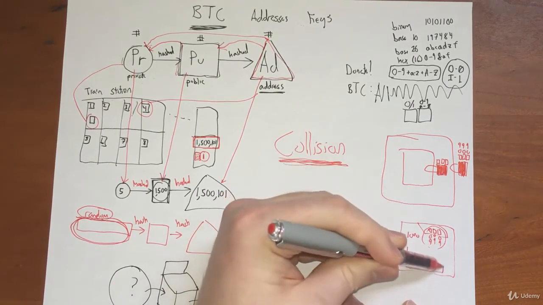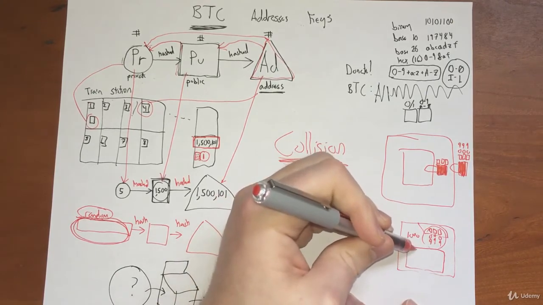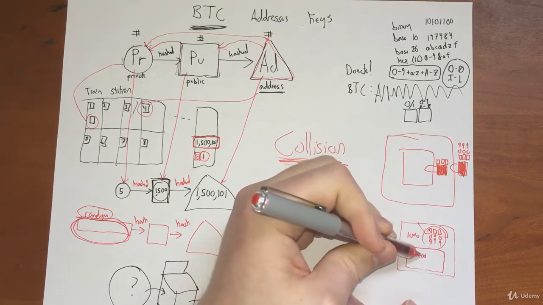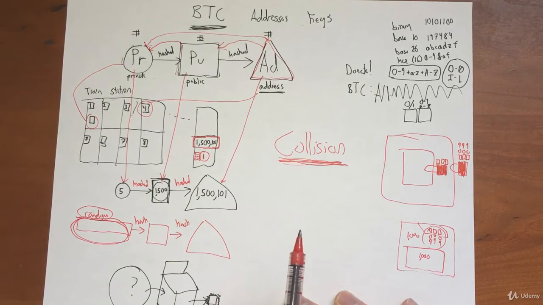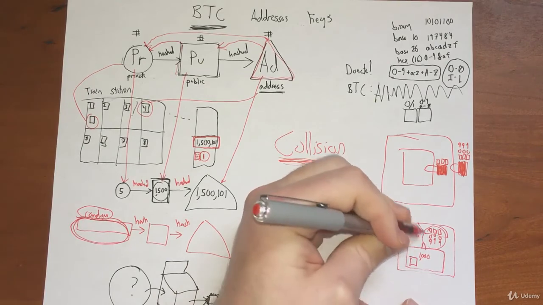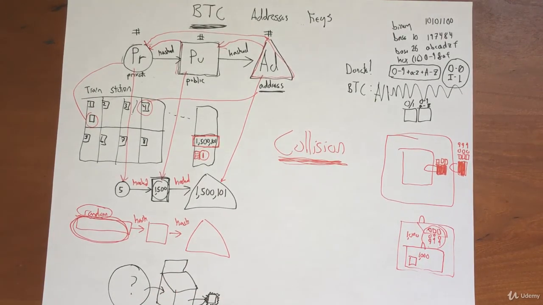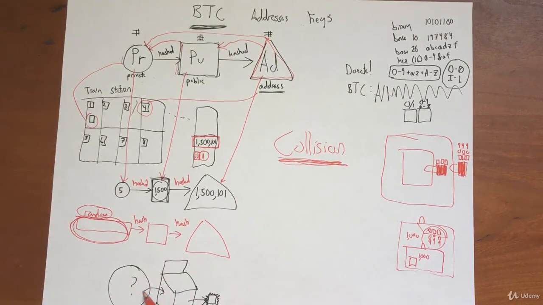So imagine there's another briefcase inside here where you also have to brute force it. So there's another 1,000 combinations required. So it makes it that much more difficult to get the secret message inside the briefcase within a briefcase. All right, so that's how basically the Bitcoin address and key system works.